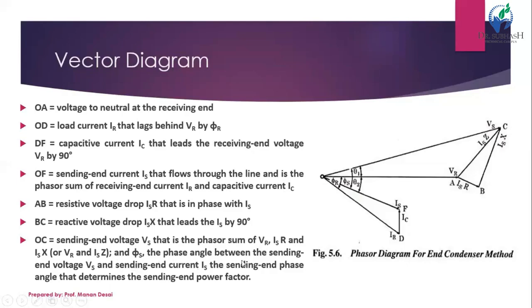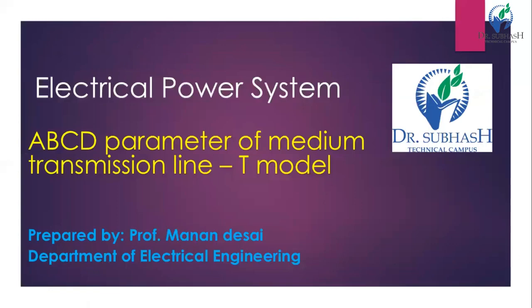The phase angle between the sending end voltage Vs and sending end current IS determines the sending end power factor. So this is the vector diagram we have studied, and now the ABCD parameters of a medium transmission line.